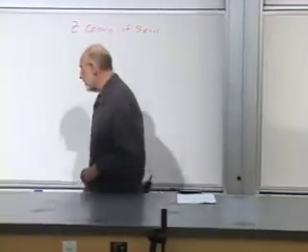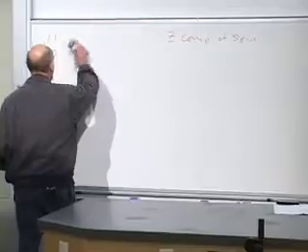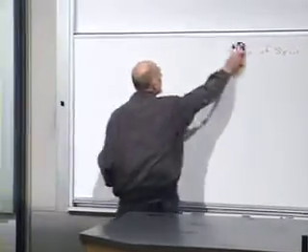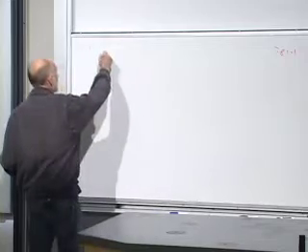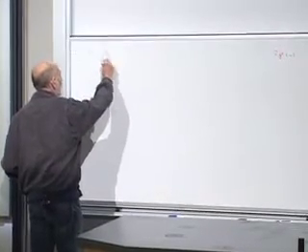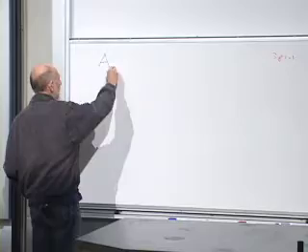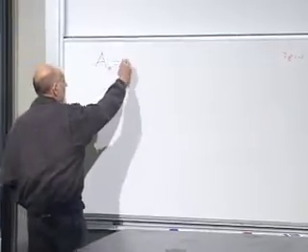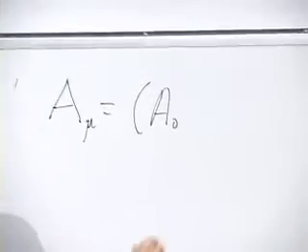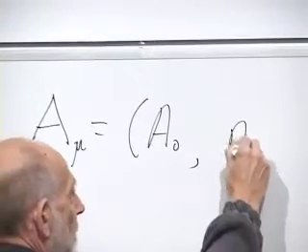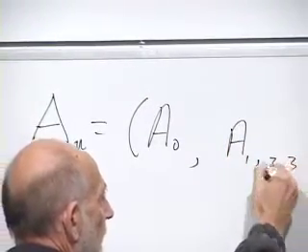I'll just write it down for you. It's not going to play any big role today anyway, but just to tell you, there's a 4-vector that's generally called A, and it has an index mu. It has 4 components, A0, that's the time component of it, and the 3 space components, A1, 2, and 3, or Ax, Ay, and Az.